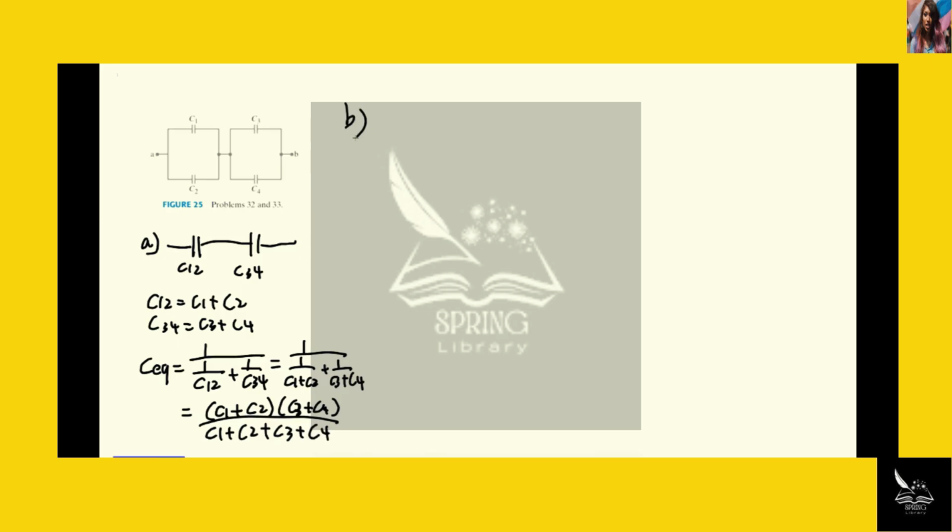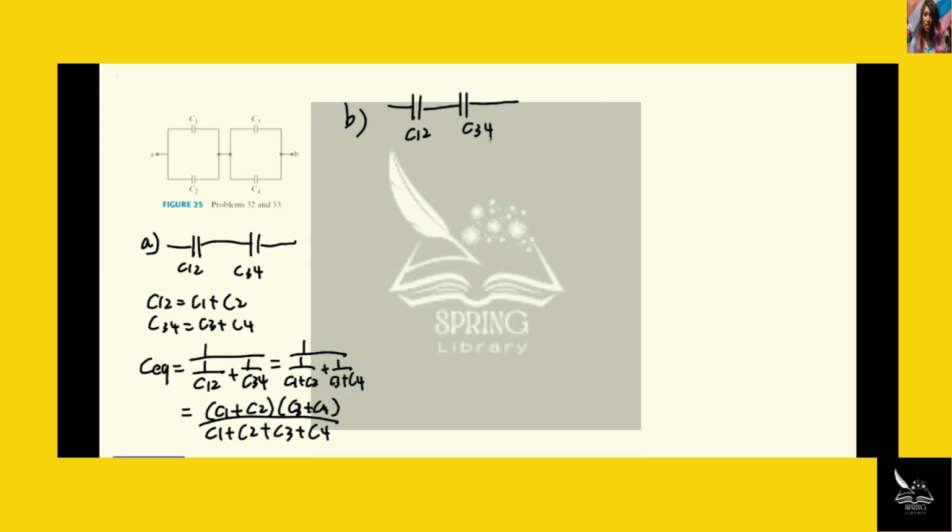Okay, and part B asks us to find the charge on these four capacitors. So again, in order to find the charge on each of them, we need to first figure out what the voltage is across each of them.